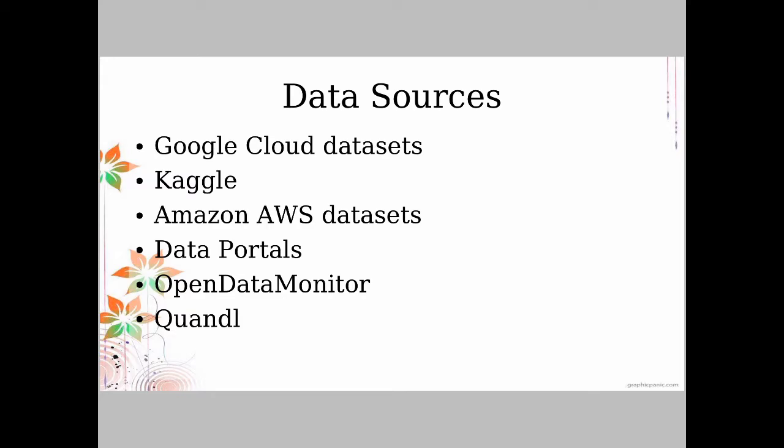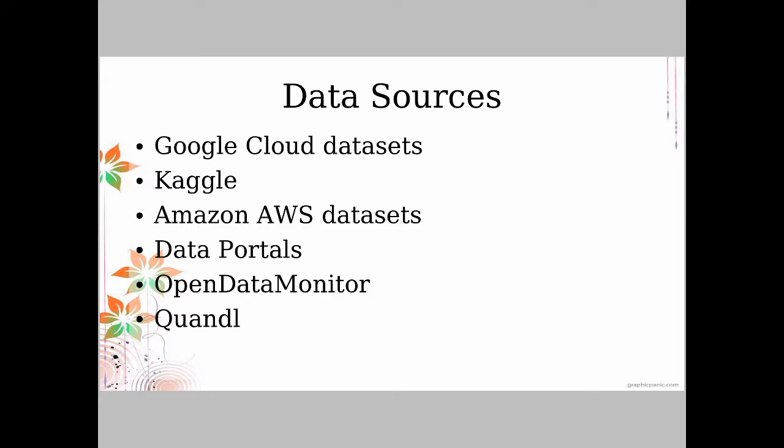So where will we get the data? These are some open access data sources, although Google Cloud is not exactly open access. So we have Google Cloud. If you want to learn more about machine learning and do more data science analytics, I advise you to go to Kaggle.